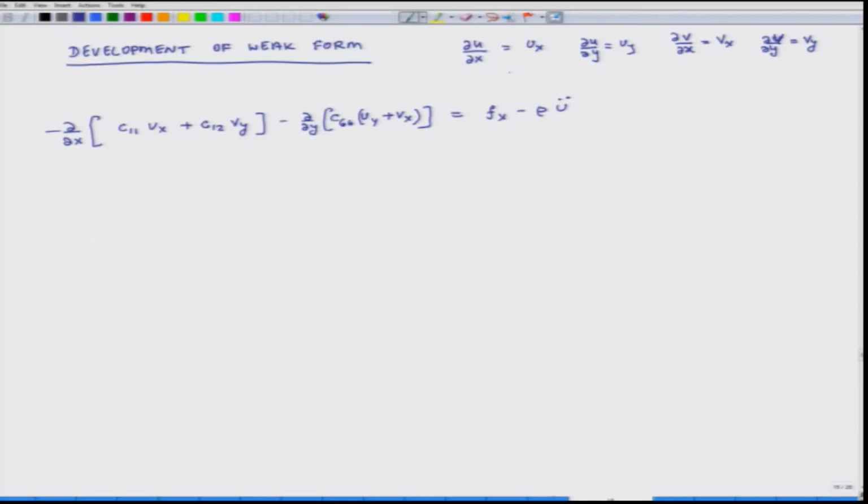What does u dot dot mean? It is the second derivative of u with respect to time.